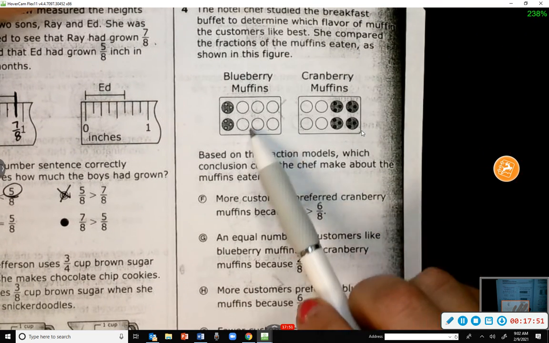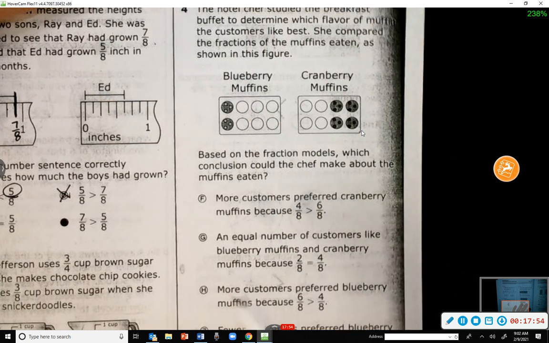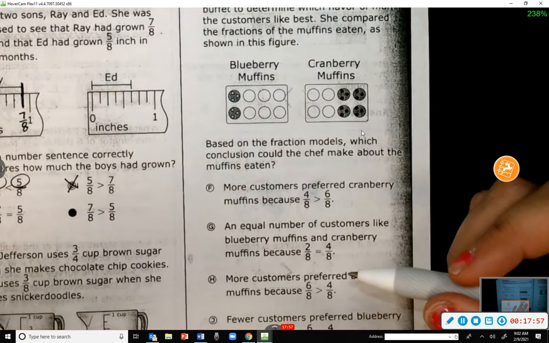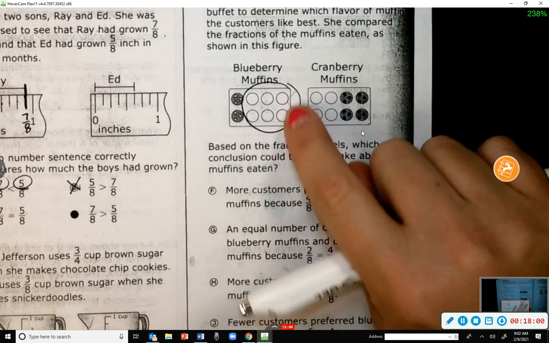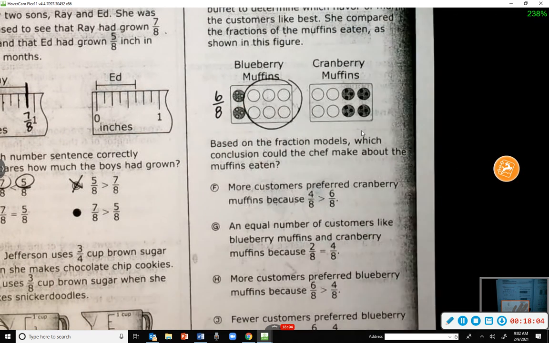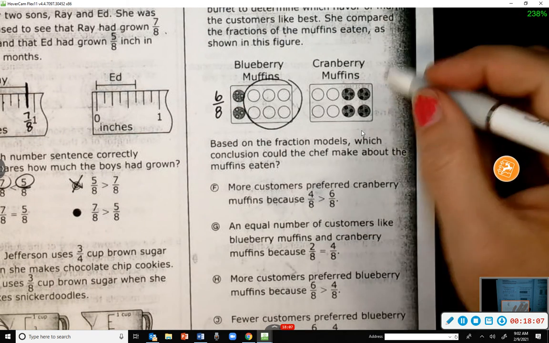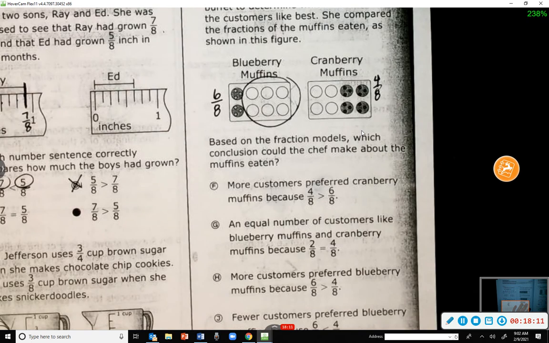Okay, so if it's white, what does that mean? It's empty because it's been eaten. So over here for the blueberry, I have 2, 4, 6 out of 8 that have been eaten. For the cranberry, I have 4 out of 8 that have been eaten. Okay?